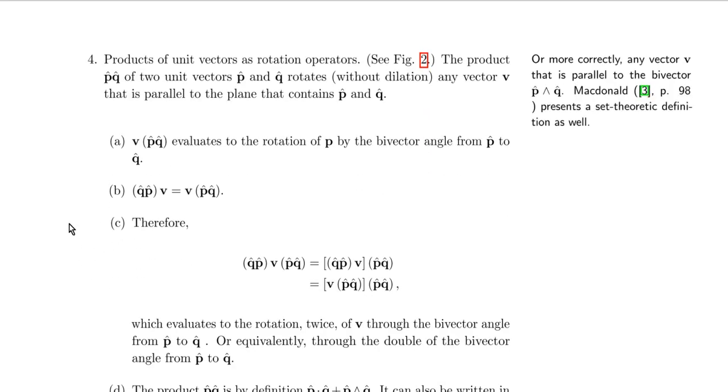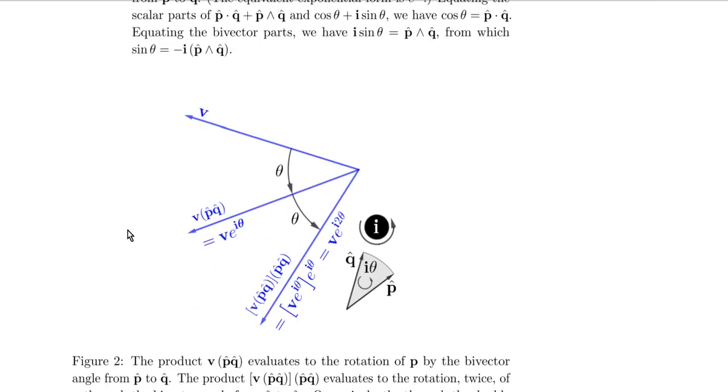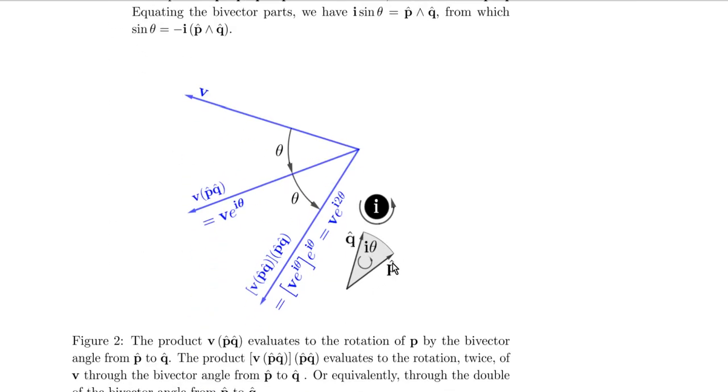Another key idea here is that the products of unit vectors in geometric algebra function as rotation operators, and we'll show that with reference to this diagram. Here we have two unit vectors. Their geometric product is a rotation operator.